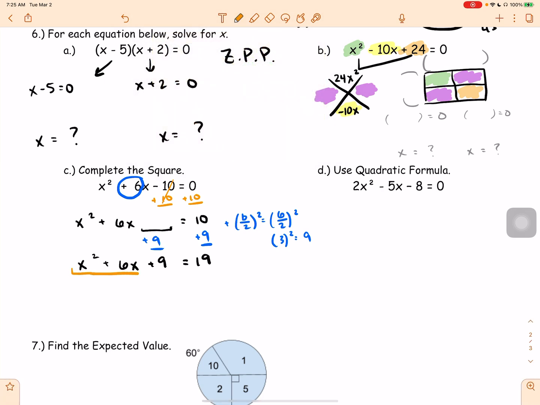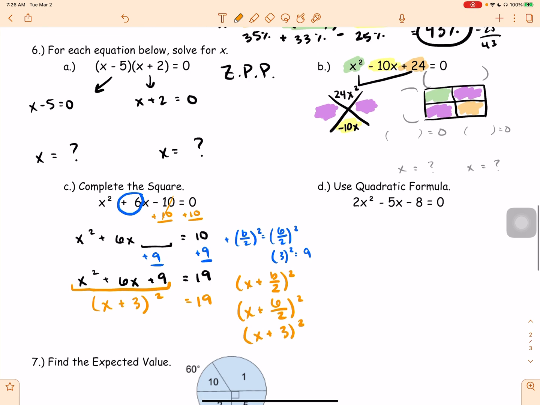So now you got to rewrite this. Now that we completed the square, you write it as a perfect square, like that. So we have x plus 6 over 2, which would be x plus 3 squared. So you guys are going to have x plus 3 squared is the perfect square of that, equals 19.